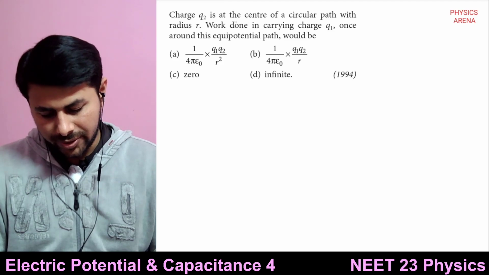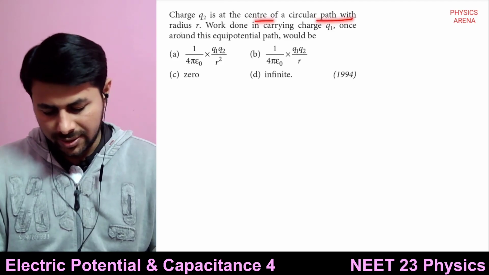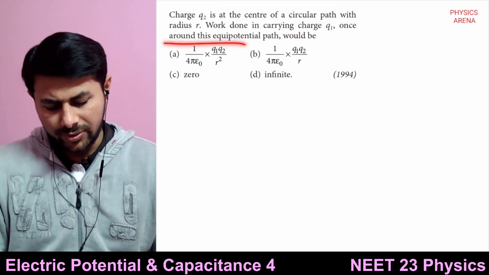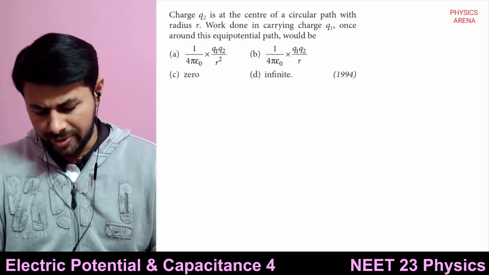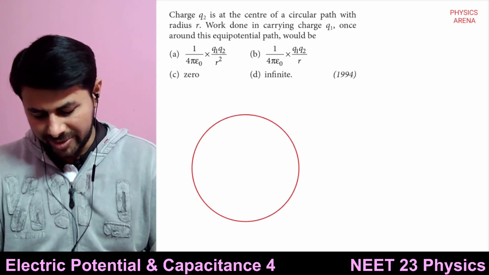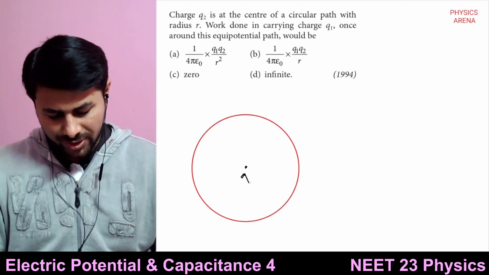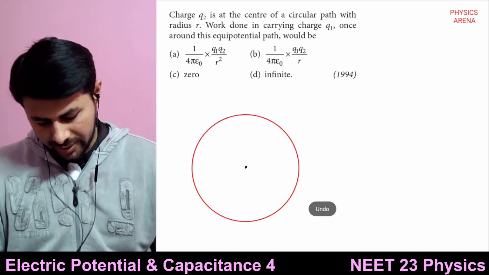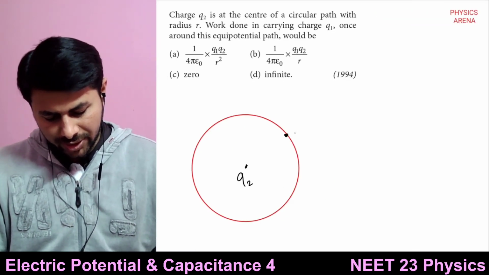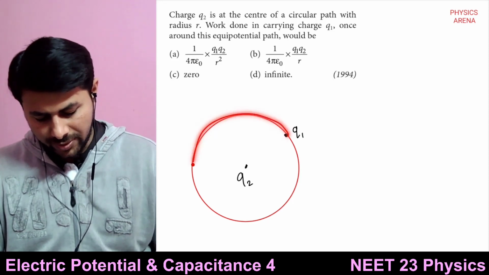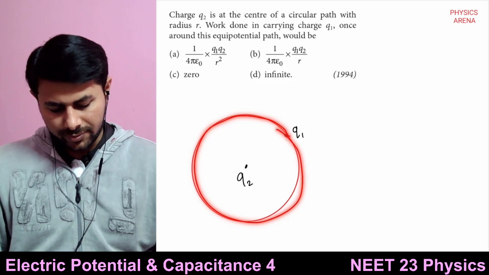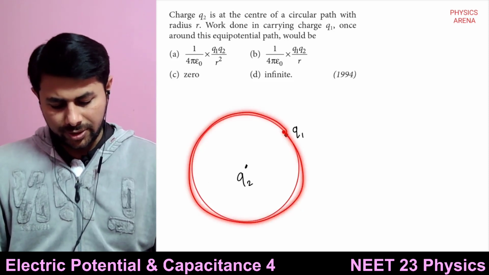Let us see the next question. A charge q2 is at the center of a circular path with radius r. Work done in carrying a charge q1 once around this equipotential path would be. So they said that it's equipotential. It is mentioned in the problem itself. So there is charge q2 at the center, and you move some charge q1 once round this complete path, from here to here.